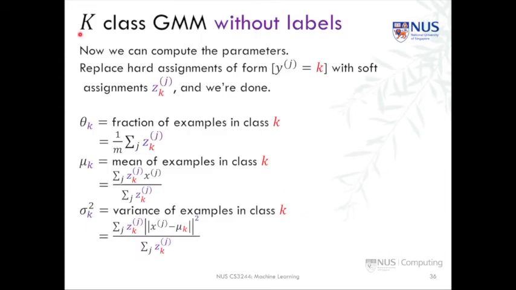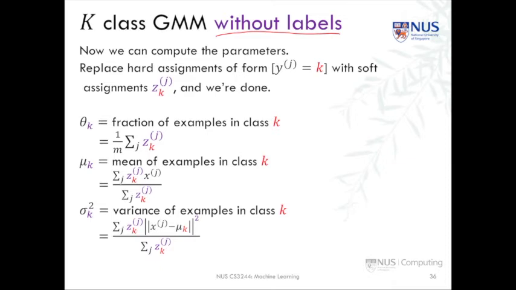So now we can do the Gaussian mixture model in the case without labels, because we are just pretending that we have these hard assignments replaced by soft assignments, where we have our probabilistic membership of a point to any particular cluster. So we can recalculate the cluster membership prior probabilities, theta k, as well as the mean and standard deviation, just using the probabilistic membership of the point to any of the k clusters.